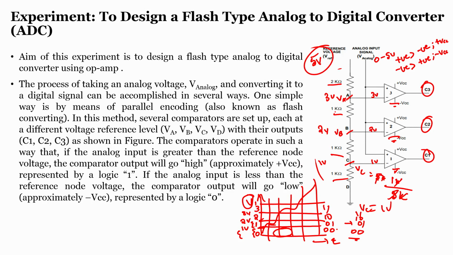Since it is a 2 bit ADC, the resolution will be limited. If the input voltage is between 0 and 1 volt, it is very hard to see the change in the output.